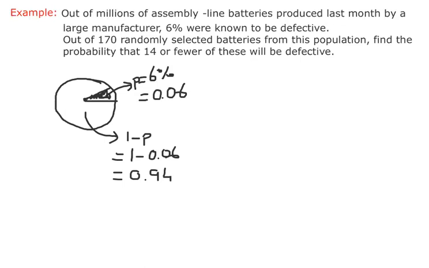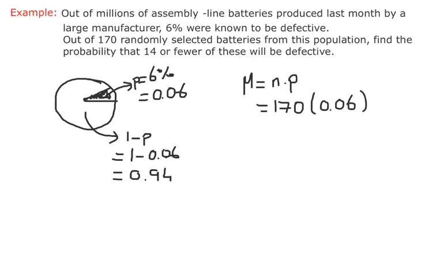So we found our p-value and 1 minus p-value. What is next? Next, we need to look at our mean. Mean is calculated by n times p, which is equal to 170 times 0.06.